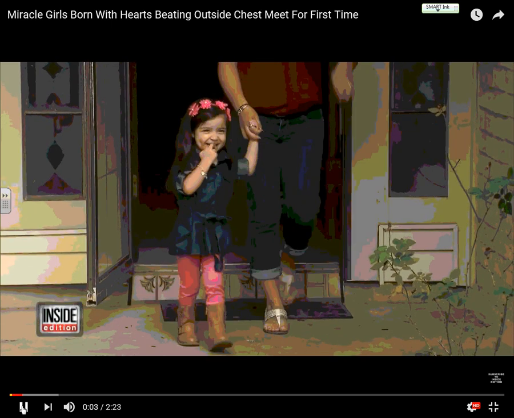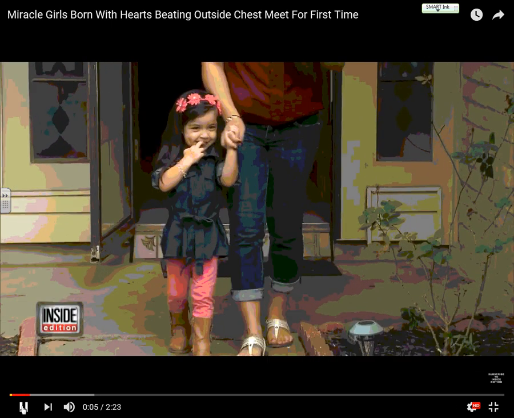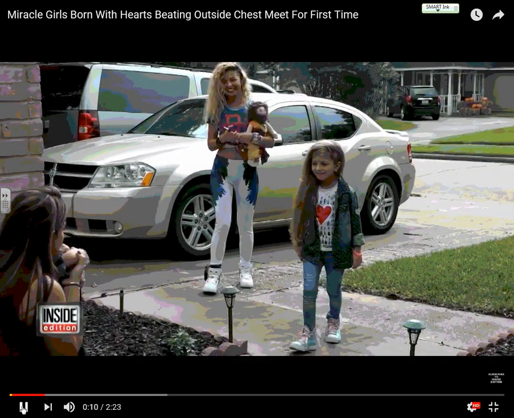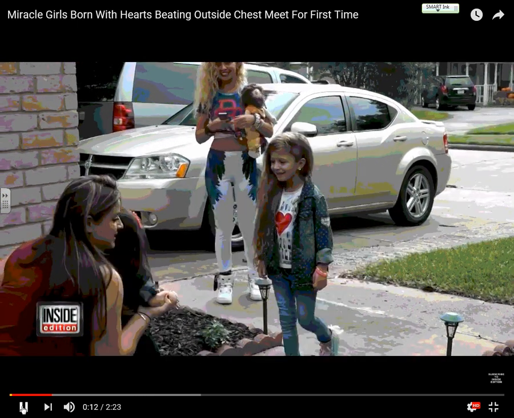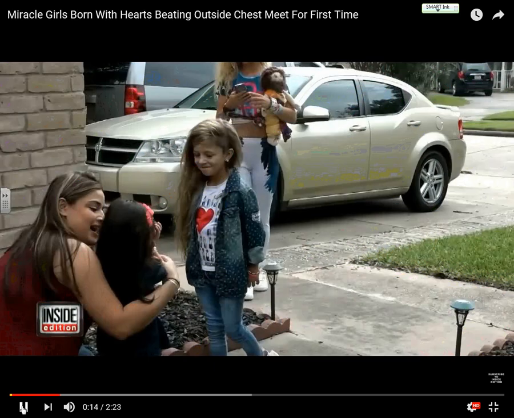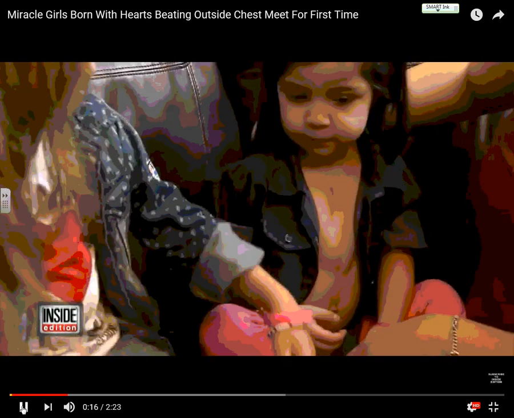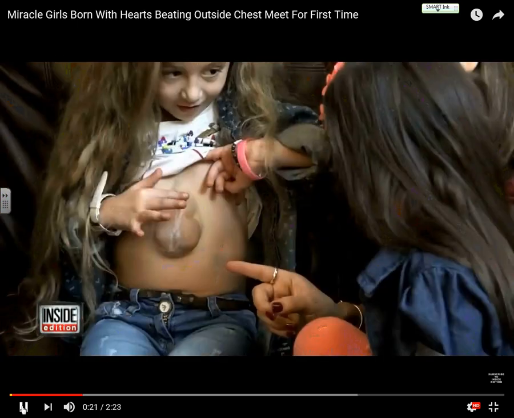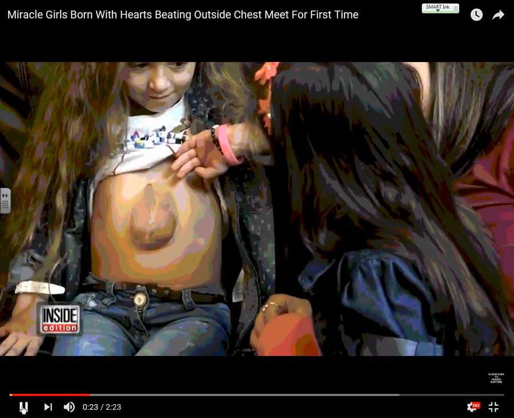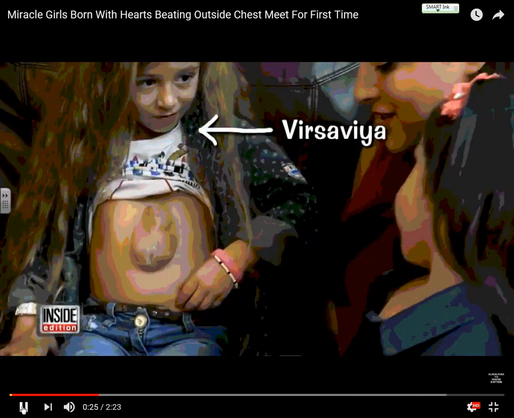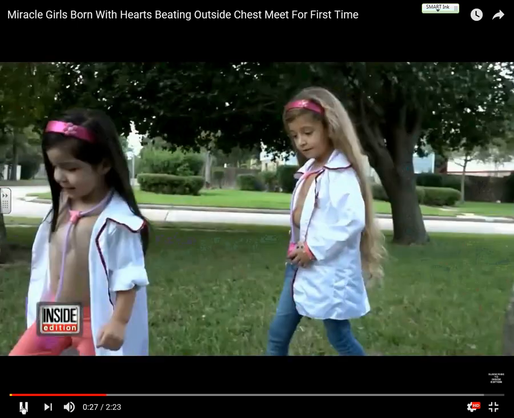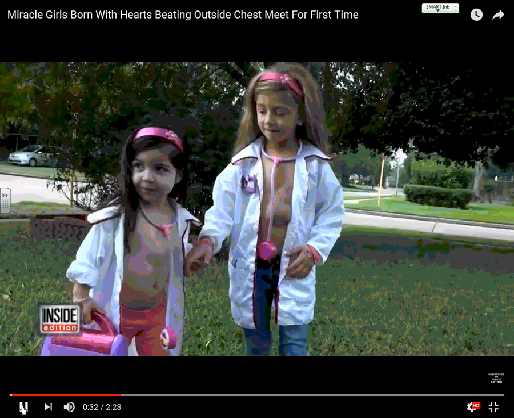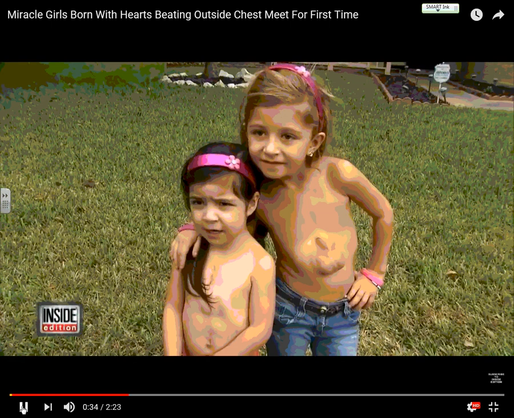A little girl is so excited she can't believe who she's about to meet. For the first time in her life, she's encountering another little girl with the same rare medical condition. Say what? Don't be shy. These adorable girls were both born with their hearts beating outside of their bodies. Is it like yours? Vishavia is 6 years old. Audrey is 3. When the girls heard about the existence of each other, they begged their parents to arrange a meeting face-to-face and heart-to-heart.